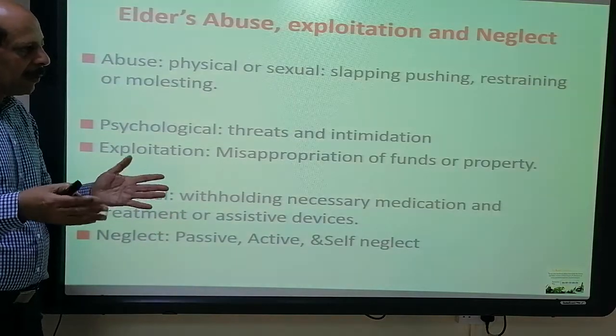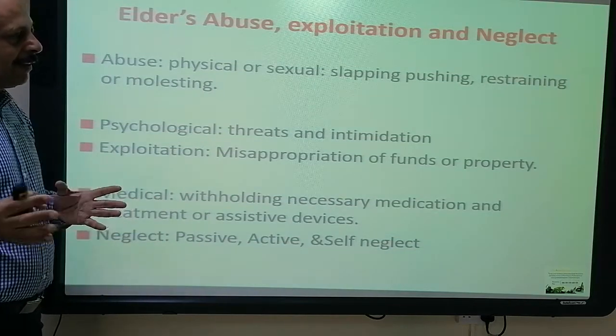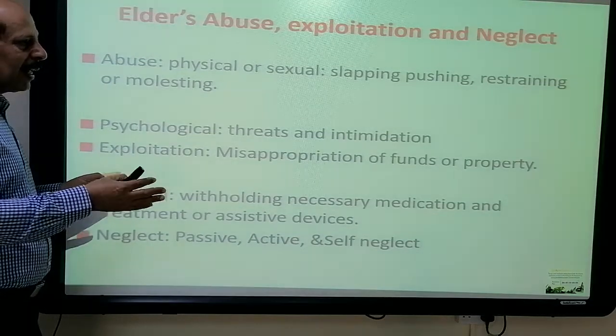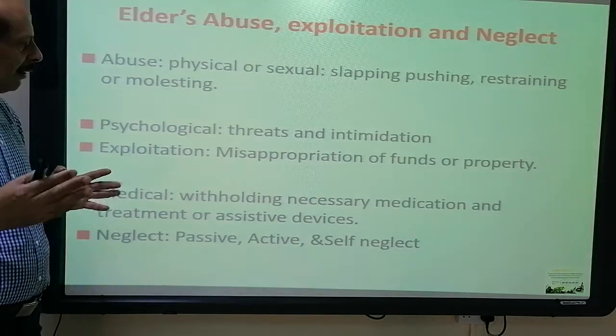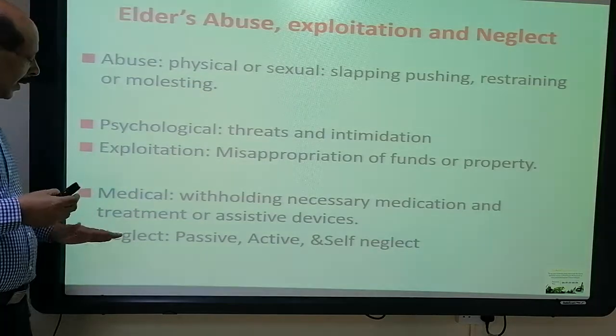It might be for the purpose that they want to get rid of that client in another way, by not giving them their medication, not taking care of them, not giving them sometimes their food.